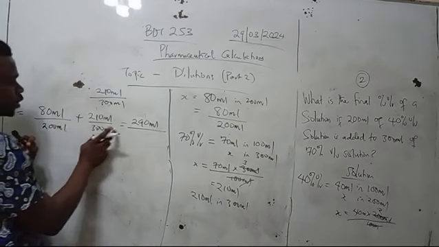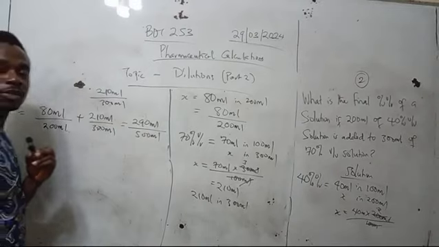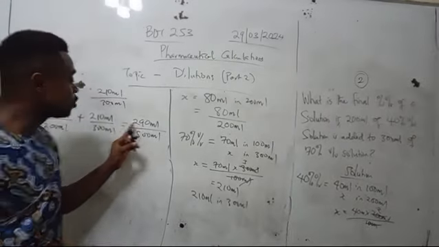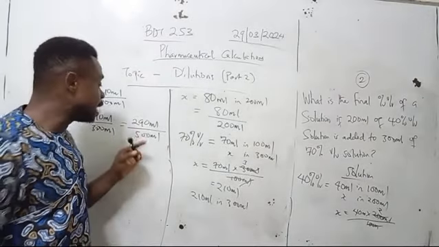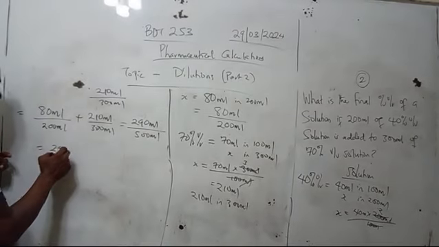We don't know, we call it X. So X is now equal to 290 ml times 100 ml over 500 ml. We cancel ml.